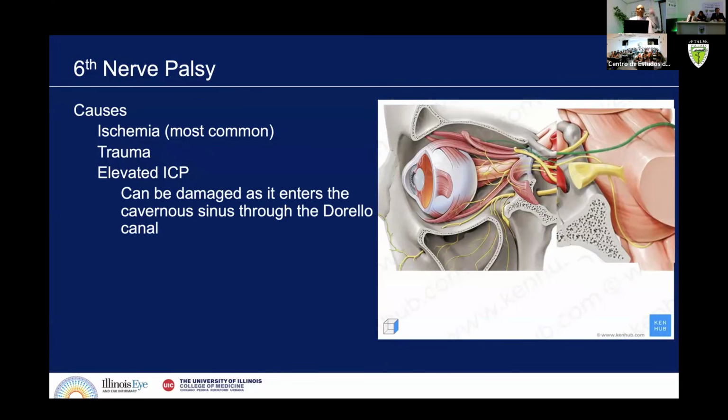And as the brainstem and the brain change positions relative to this pressure changes, it can cause stretching of the 6th nerve and can cause dysfunction. So whenever you see a patient with a 6th nerve palsy, you should always think of elevated intracranial pressure. So look for disc edema, just as a corollary to this condition.